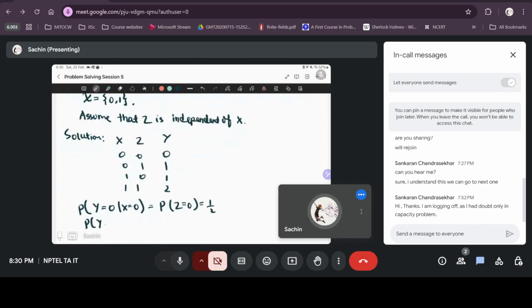Probability that y is equal to 1 given x is equal to 0 is the probability that z is equal to 1, which is also half.